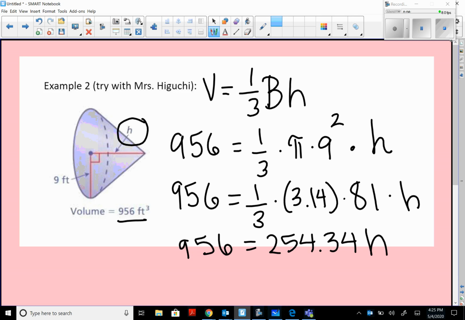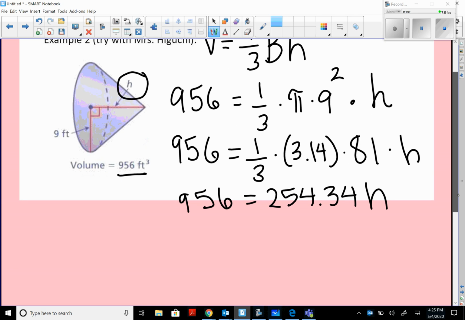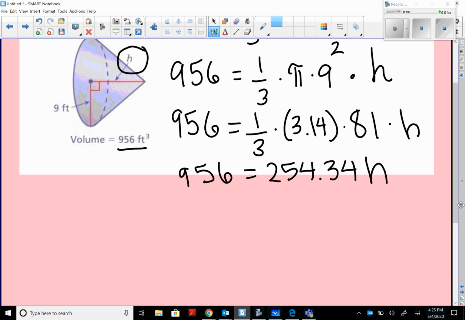Last thing I need to do is use inverse operations to isolate the h. So in order to do that, I'm going to divide, not multiply, because that's the inverse, both sides of the equation by 254.34.